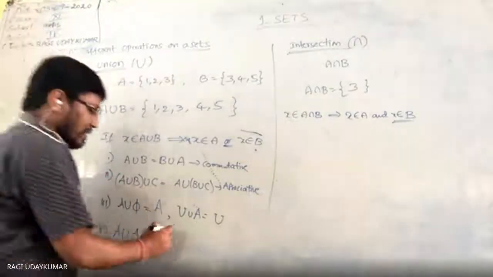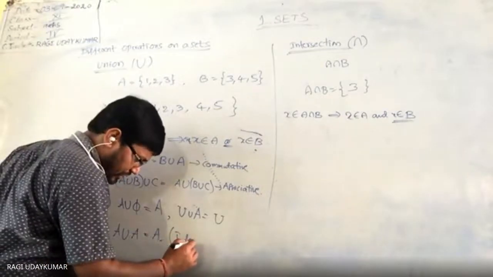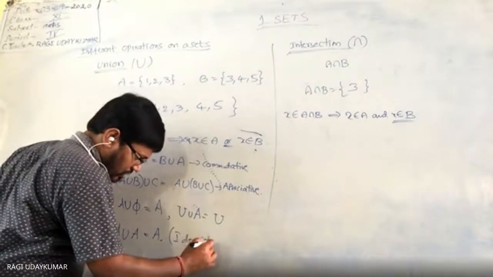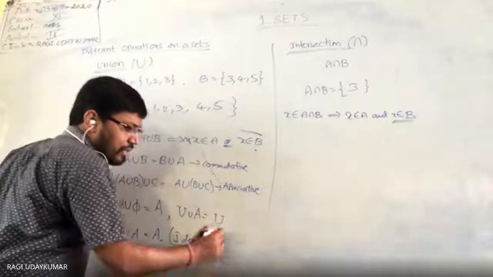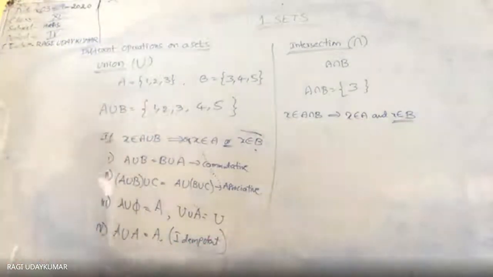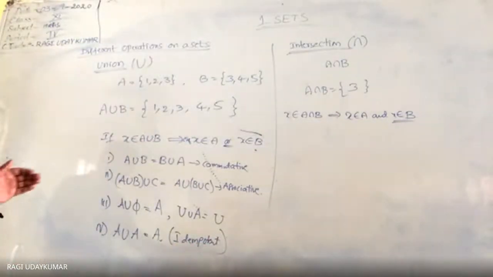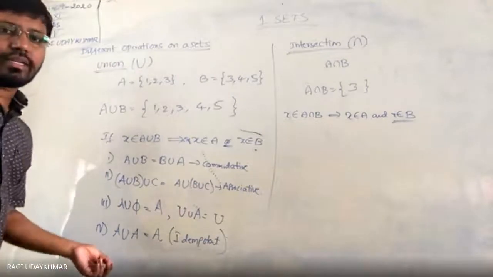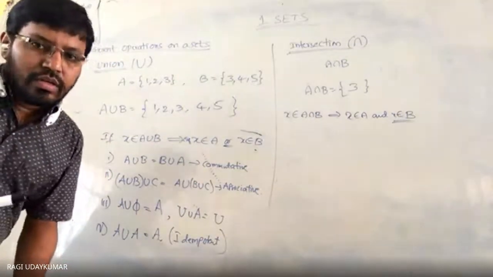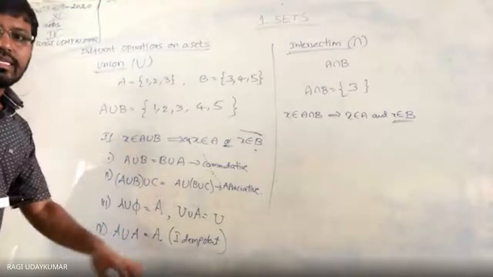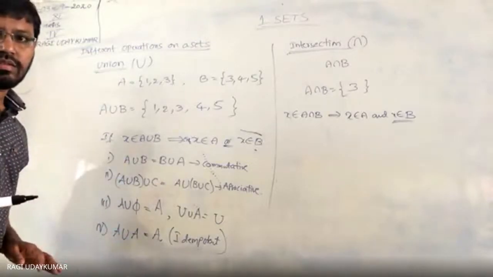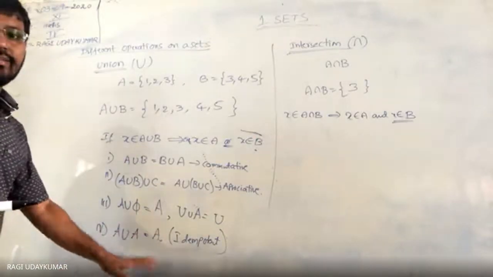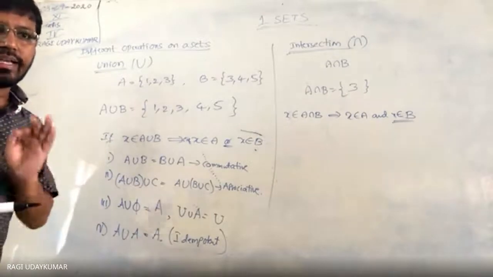This is called the idempotent property. If you consider the union of A with A, then A union A is equal to A. A union A is equal to A is called the idempotent law, or idempotent property.